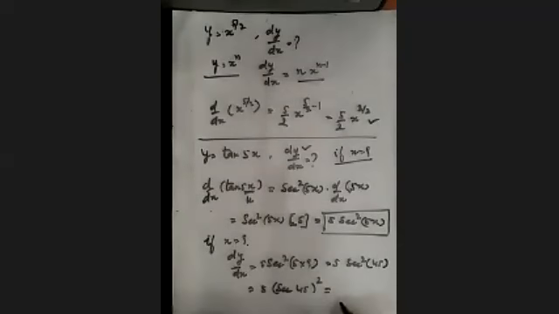And the value of secant 45, what is the value of secant 45? It is under root 2, if I remember, under root 2 and square. So the answer will be 10.